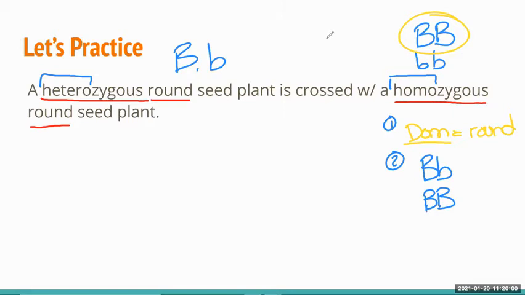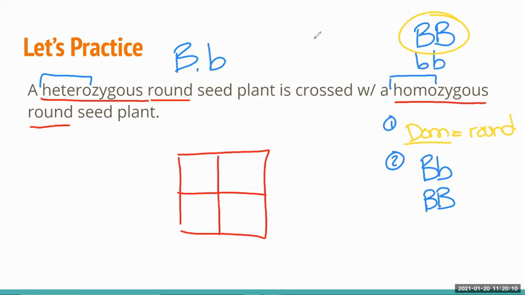Third step is to make a Punnett square. So we're going to go ahead and set up our awesome Punnett square. Bam. Fourth step is to write in the parents. So again, we have a heterozygous and a homozygous dominant.